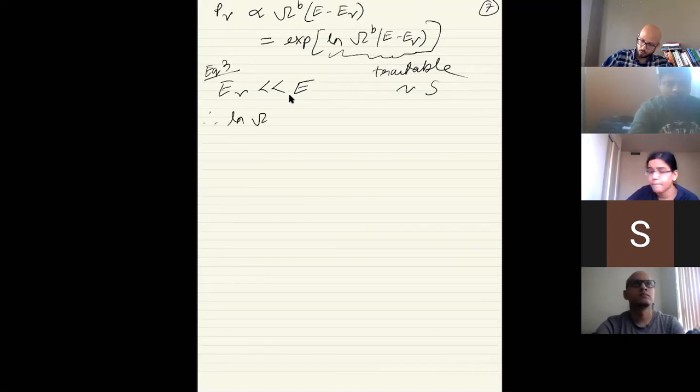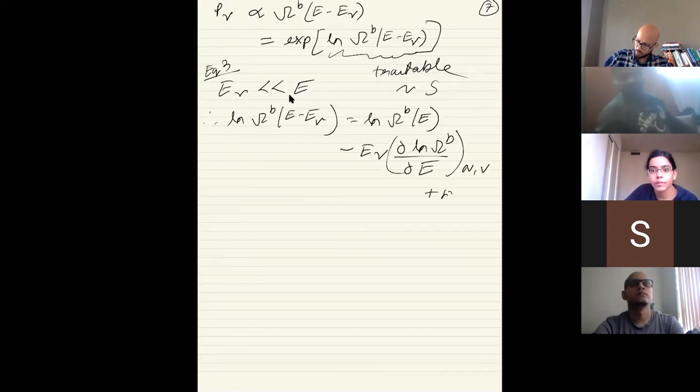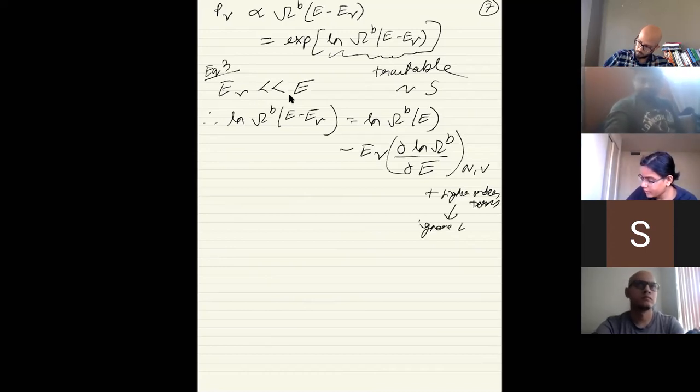Therefore, ln omega of E minus E nu is going to be ln omega bath at E, minus E nu multiplied by the partial derivative of log of omega bath with respect to E at constant N, V, plus higher order terms, which we are going to ignore, because E nu is much smaller than E. So we can do that.